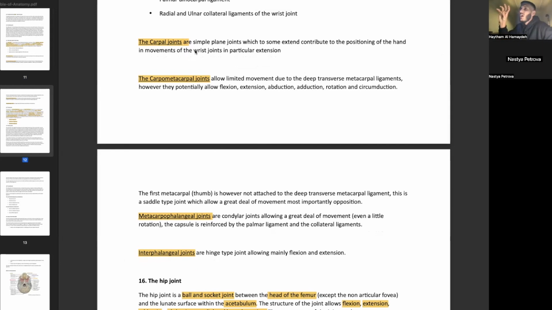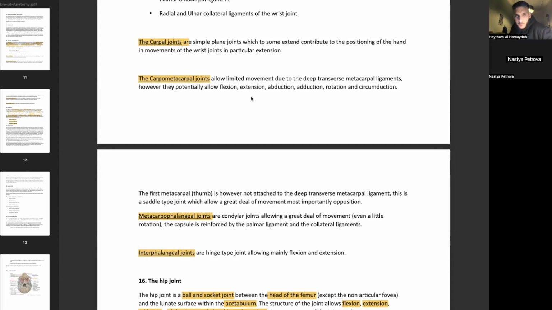The carpal joints are joints between the carpal bones, and you can read about their function. Then you have carpometacarpal, a joint that connects the carpal bone to the metacarpal. Which carpal bones? The distal row: hamate, capitate, trapezoid, trapezium. Those have joints with the first, second, third, fourth, fifth metacarpal bones.